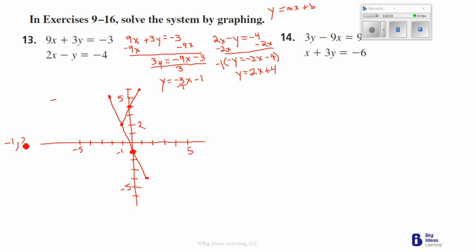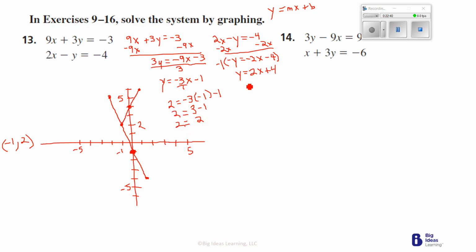and 2. So now let's go ahead and plug them into our equations to see if they'll work. Well, I can always use the form that I have over here. If y is 2, and it equals -3 times -1 minus 1. Well, -3 times -1 is 3, and 3 minus 1 is 2. So this one works.